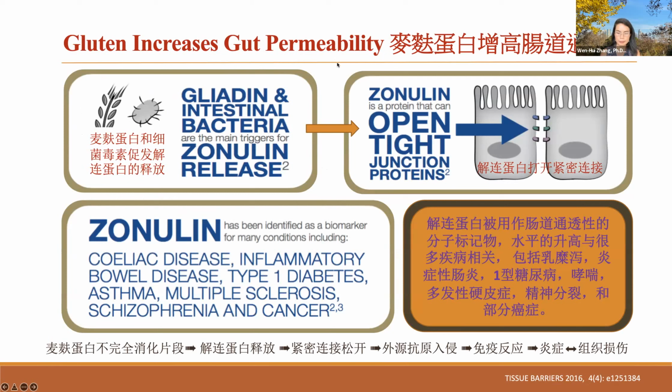Let's just say, when we have higher permeability in the gut, it means more undigested foods can leak into our bloodstream. So it's through a protein called zonulin. So this is a marker for a lot of autoimmune diseases.